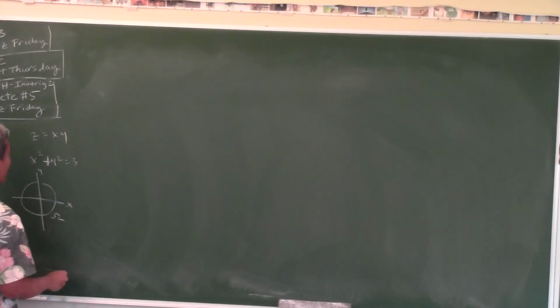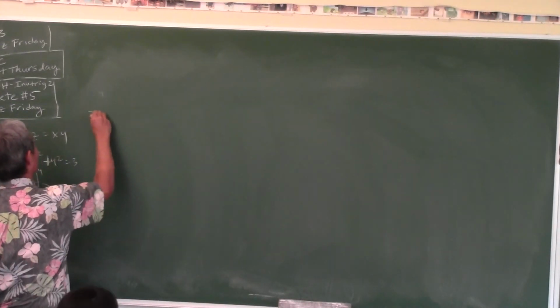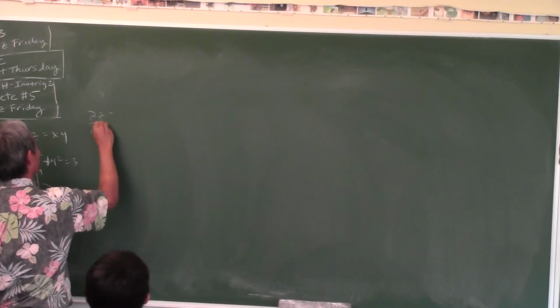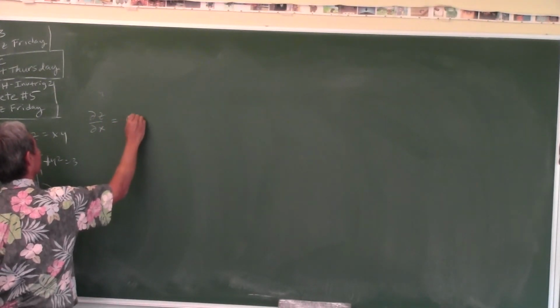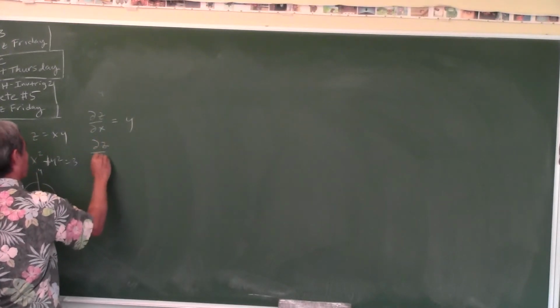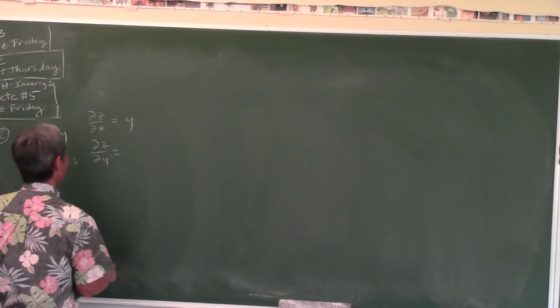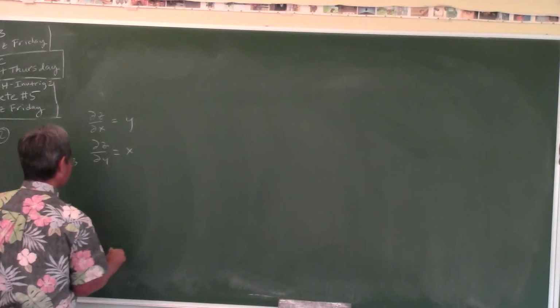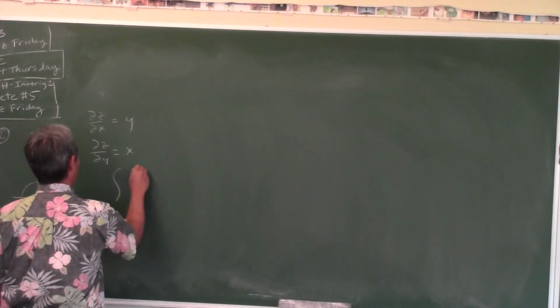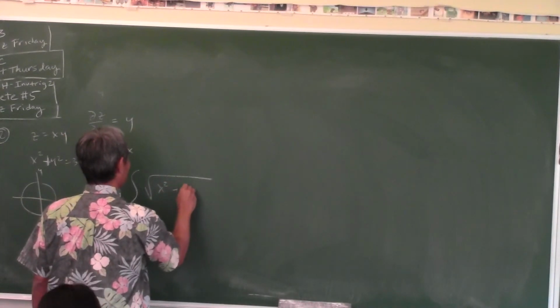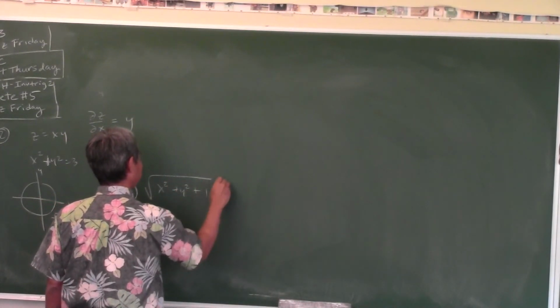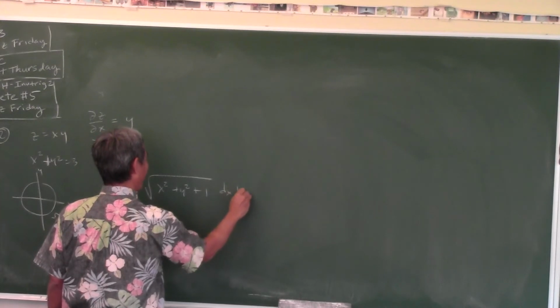Okay, so first we gotta compute the partial with respect to x, and the partial with respect to y. Then we get the double integral of the square root of x squared plus y squared plus 1 dx dy.